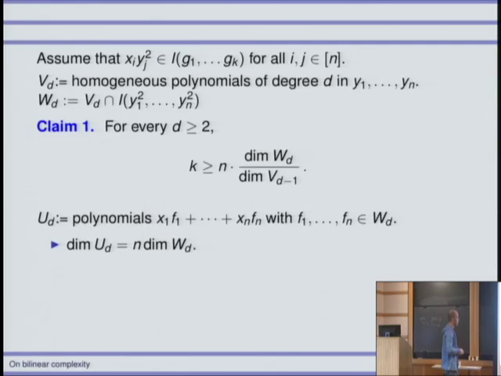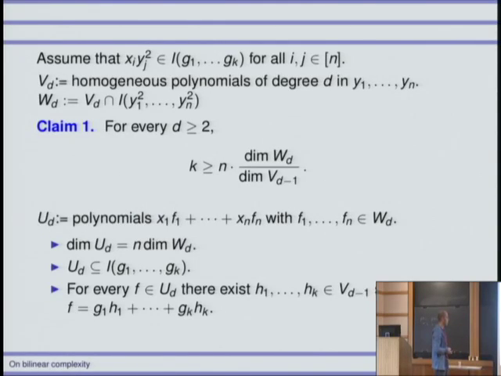The first thing to note is that the dimension of this Ud is n times the dimension of Wd, because I'm treating all of those sets as vector spaces over the reals, or over the underlying field, and you have just n distinct copies of f1 through fn. Second, this Ud is contained in the ideal generated by g1 through gk. This is simply because Ud lies in the ideal generated by xi yj squared, by definition.